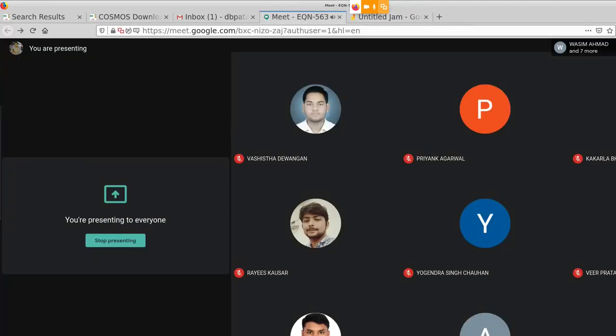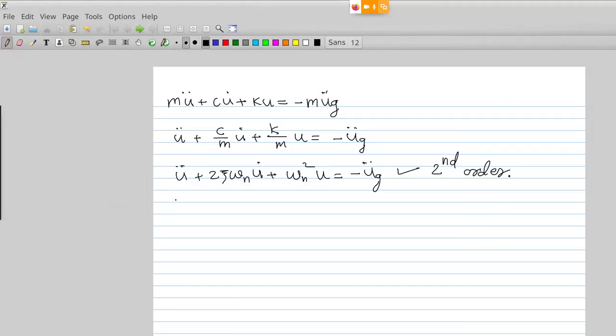We can assume du dt is equal to z. After that we can replace u double dot with z dot, which gives a linear differential equation of order 1. Okay, fine.